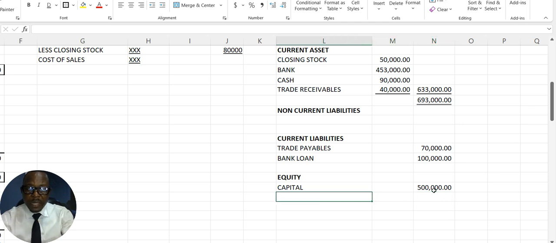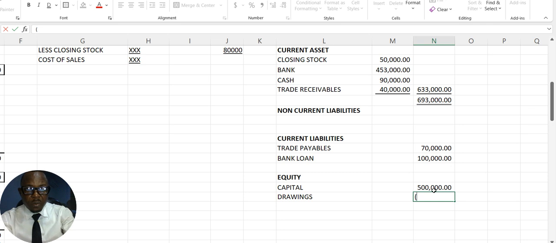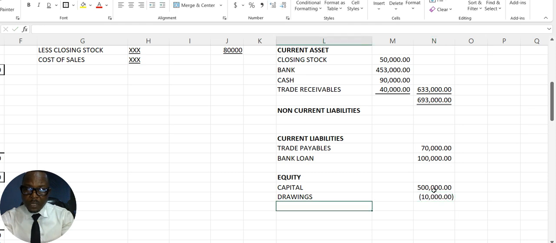All right, the next thing here is drawings, and drawings is going to give you minus 10,000. Why do we have to minus? Because drawing is supposed to, like I said earlier, reduce the value of the owner's capital.